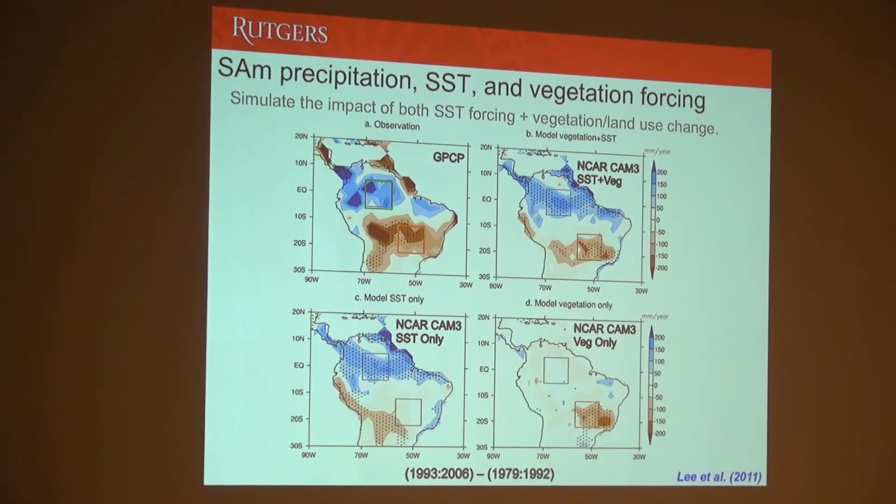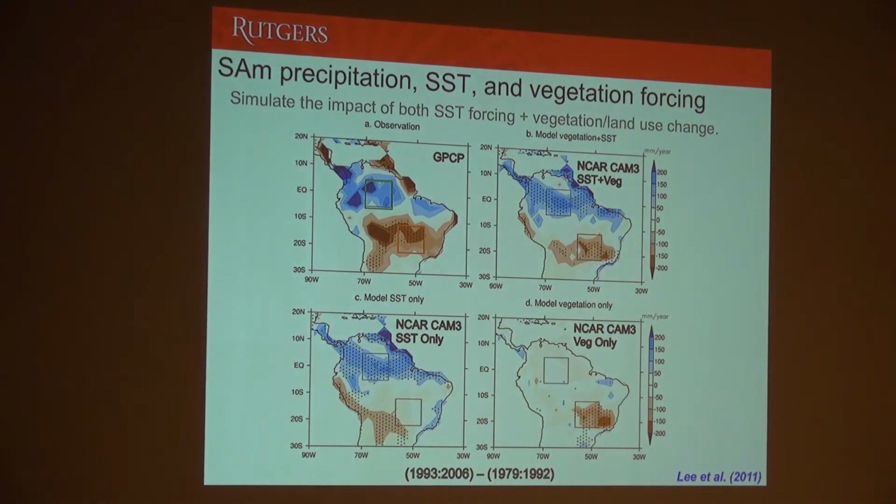So what we were interested in this particular context was trying to explain some behavior that's been observed. I think I didn't actually put the months on here, but this is essentially a trend in precipitation over the recent past, looking at two roughly decadal epochs, 1993 to 2006 and 79 to 92.